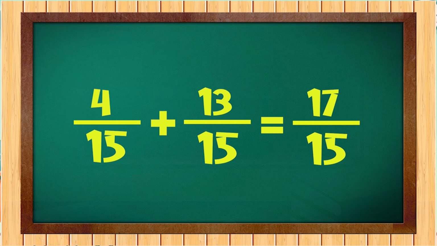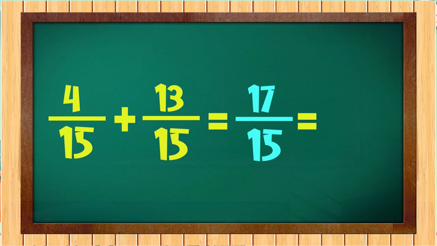We replace our common denominator, 15. Let's examine that fraction. Can we leave that fraction on the answer line as it is? No, we can't, because it is an improper fraction. Big numerator, small denominator.